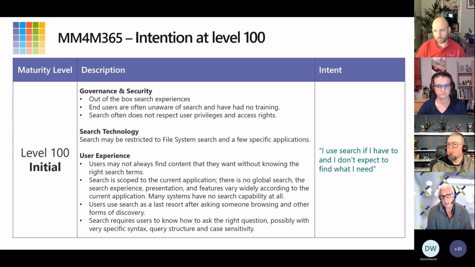There probably aren't any specialized search experiences we can build out using the PnP modern search web parts or highlighted content web parts or lots of other web parts which are search enabled, search aware, and provide better search driven experiences. And a lot of organizations just haven't even thought about that stuff yet. And I think that's where we are at level 100.